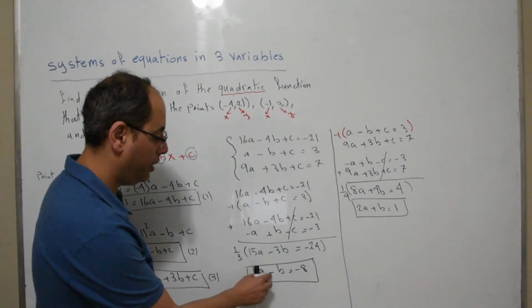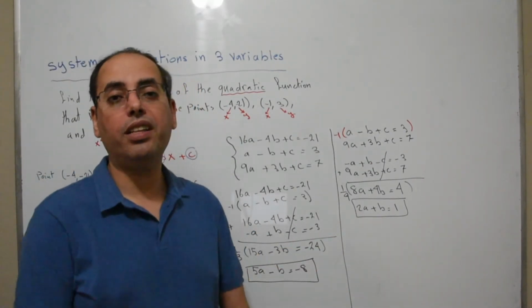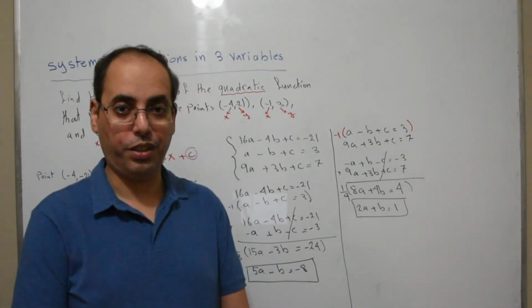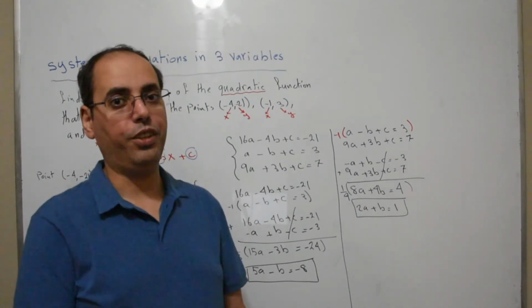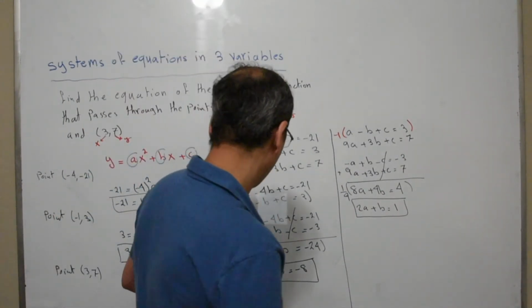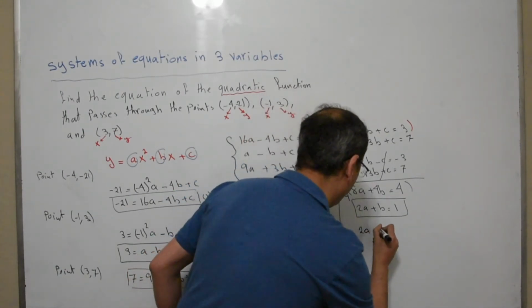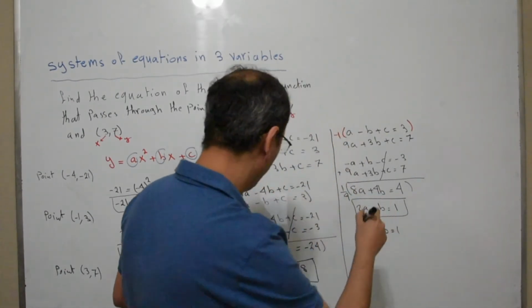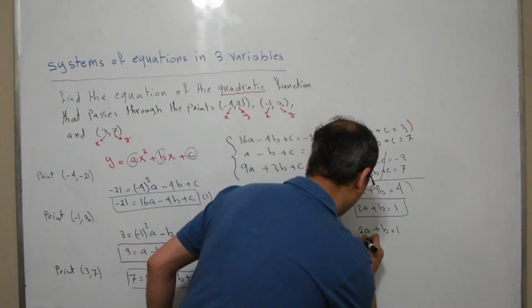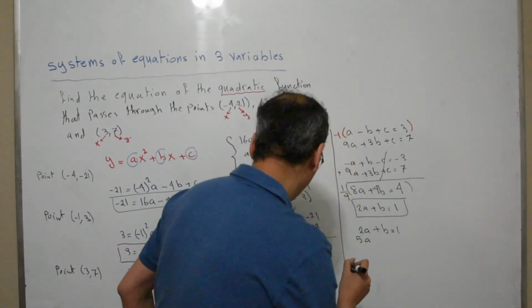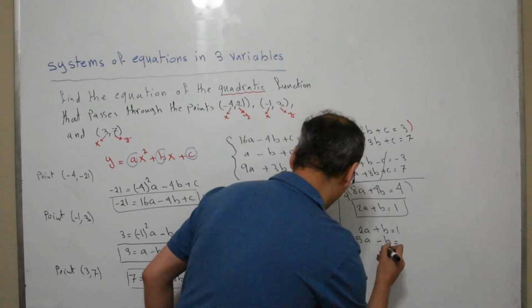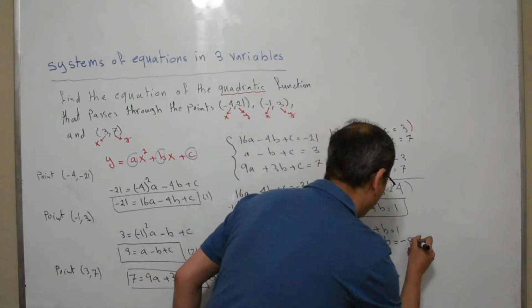Look at this one, negative b and plus b. What is the method that you would like to use here? Addition, yes. So let's do that. I'm going to do 2a plus b equals 1. I wrote this first, but that's fine. 5a minus b equals negative 8.